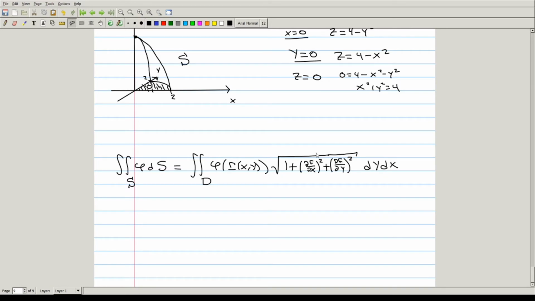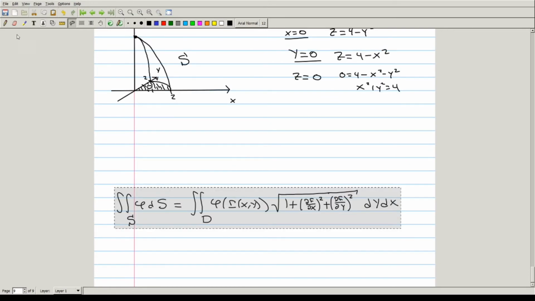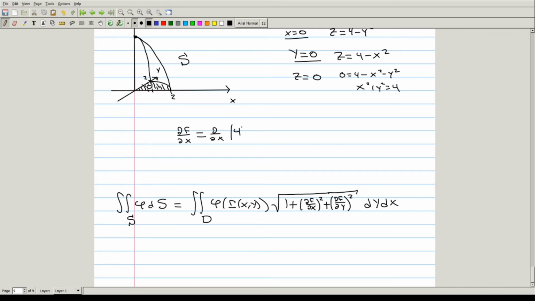So in order to evaluate this, we first need the partial derivatives of f with respect to x and f with respect to y, which we have. The partial derivative of f with respect to x is going to be the partial derivative of 4 minus x squared minus y squared, which is equal to negative 2x.